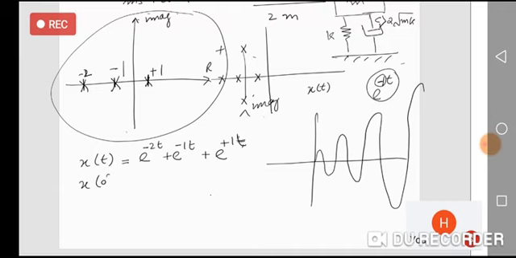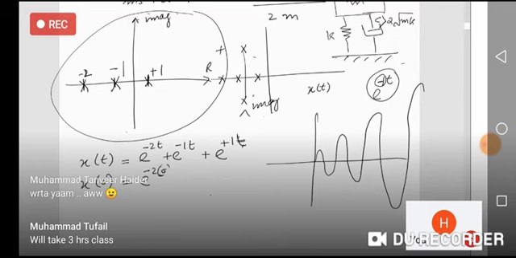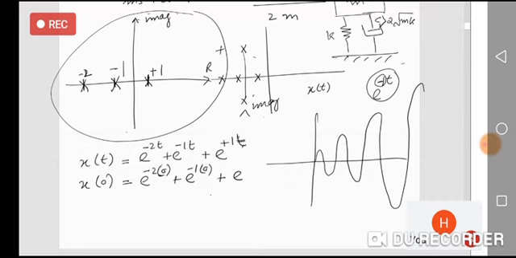So at 0, it will be 1 plus 1 plus 1 is equal to... t की value 0 हो जाएगी ना. So, sorry, it will be e raised to the power -2 of 0 plus e raised to the power -1 of 0 plus e raised to the power +1 of 0. ठीक है.